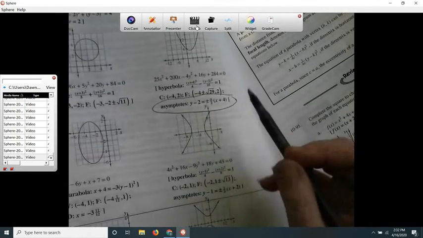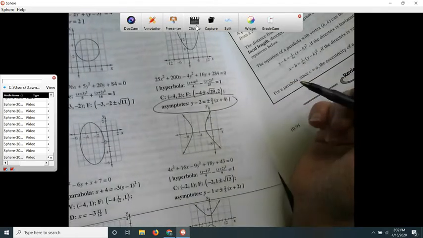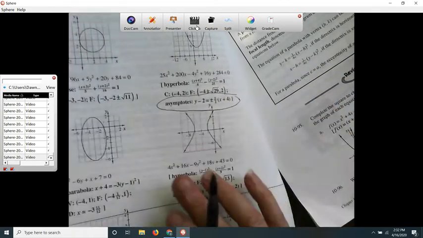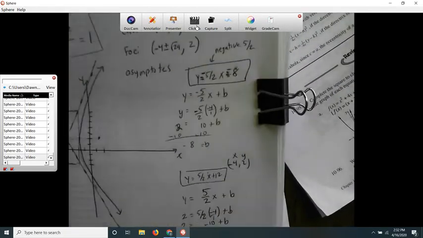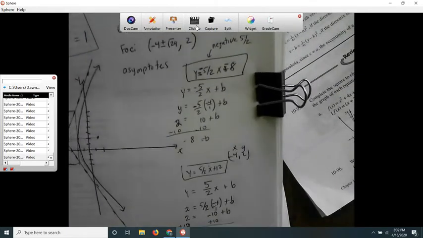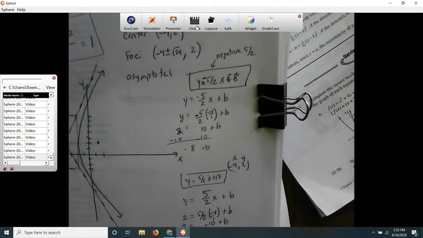And I actually, believe it or not, multiplied these out to make sure that I would get the same asymptotes that I got before, and it worked. So I think it's easier to do it the book's way than the way I did it.